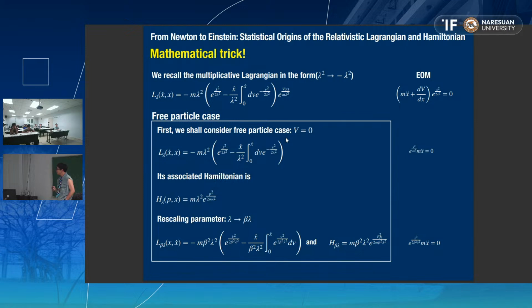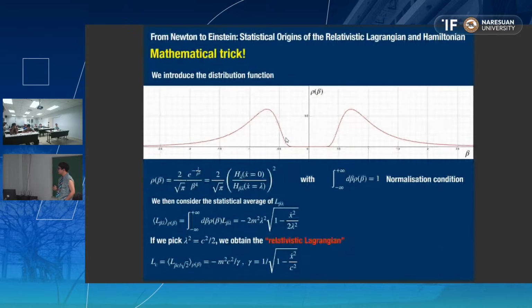Next, we introduce this kind of distribution, which you can construct from the ratio of the Hamiltonian in this way. We find that this distribution is normalized; you can check it.